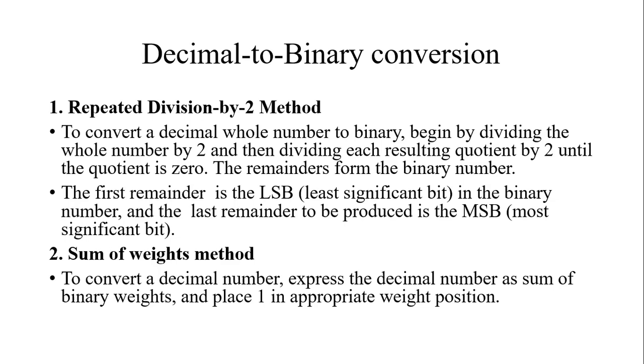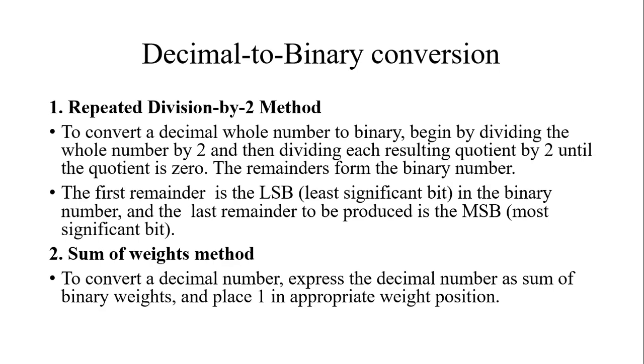So this is the same procedure we have discussed in the first slide. The first remainder is the LSB, least significant bit, in the binary number, and the last remainder to be produced is the MSB, most significant bit. The second method to convert decimal to binary is the sum of weights method.